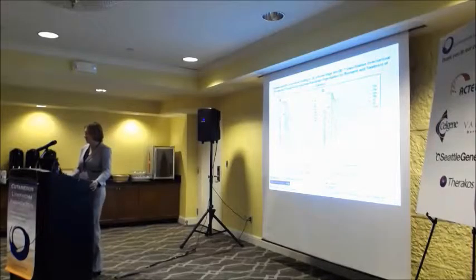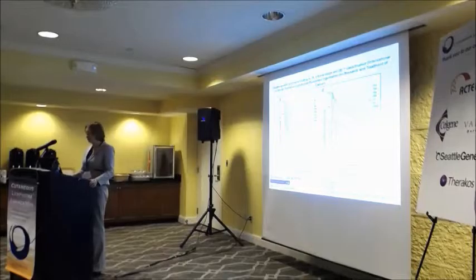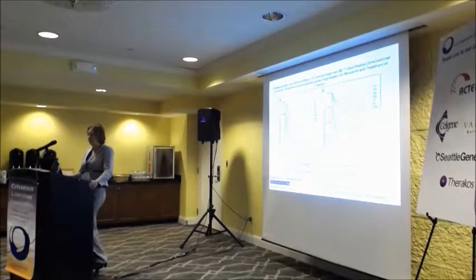So you can see that people with stage 4 have worse survival than people with stage 1. But those lines going up and down tell you that there's all kinds of points in there that you're following, so not everybody is falling at the same place. This is based on 1,502 patients, and the data was collected between 1980 and 2009.